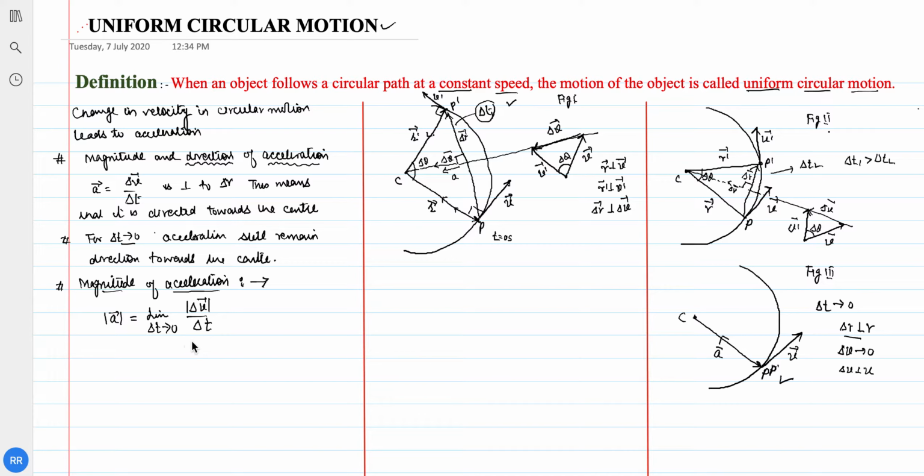So now here we have to find the change in velocity. To find this change in velocity, we will do something. See here, when delta t approaches 0, we'll just take one diagram.